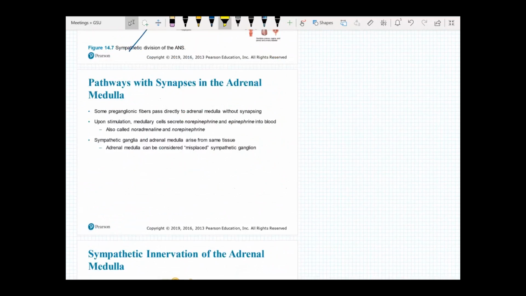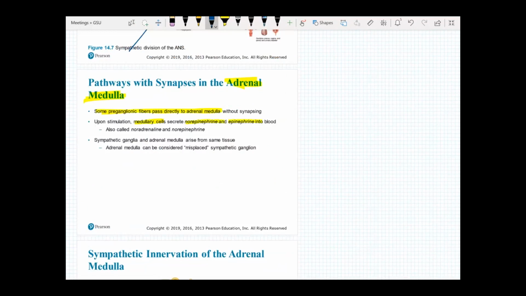Our sympathetic nervous system does connect with the adrenal medulla. That's really, really important. Sorry, not synapsing. It will pass directly through the adrenal medulla without synapsing. But that is a very important piece of how our body is working, because your medulla is actually going to secrete norepinephrine and epinephrine.